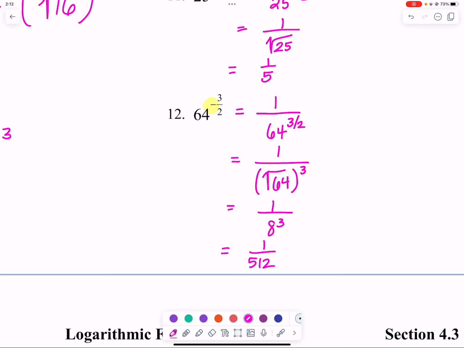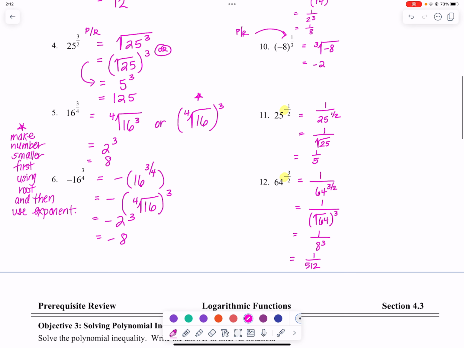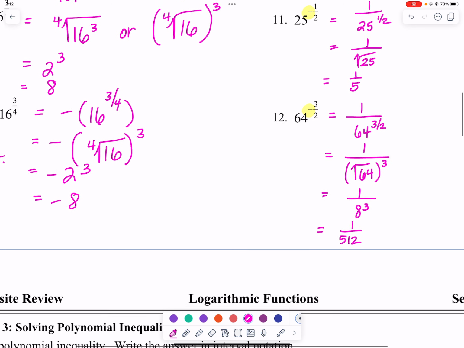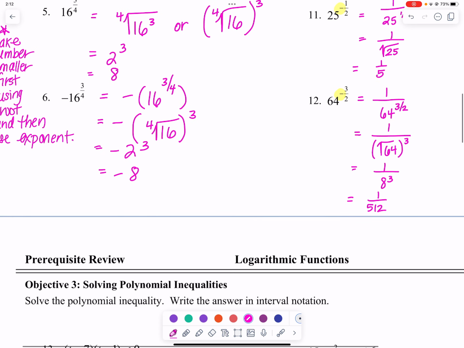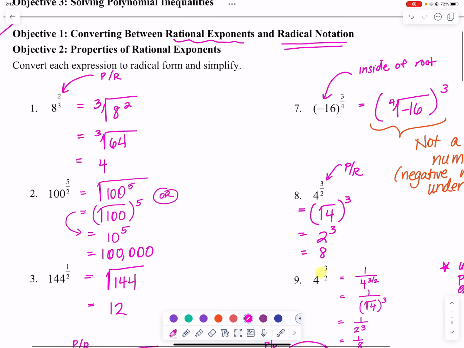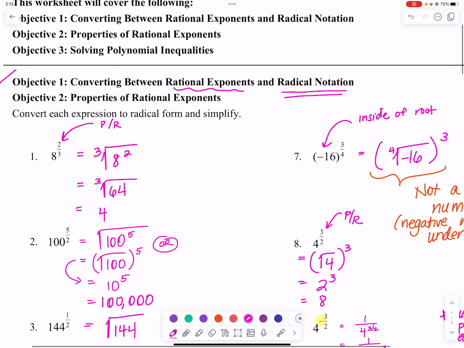So if we take these one step at a time, we are able to compute these expressions, simplify these expressions. Okay, so that is actually objective 1 and 2.